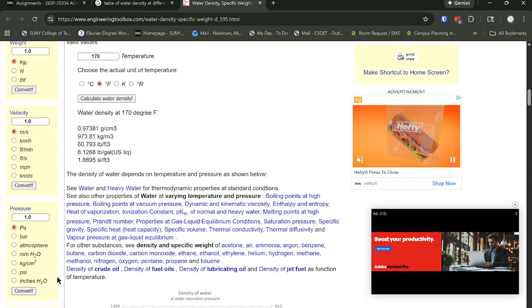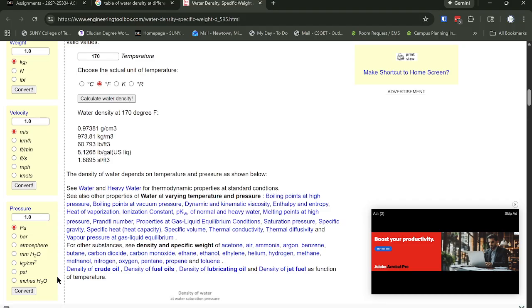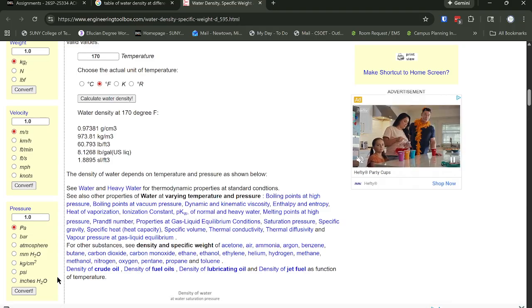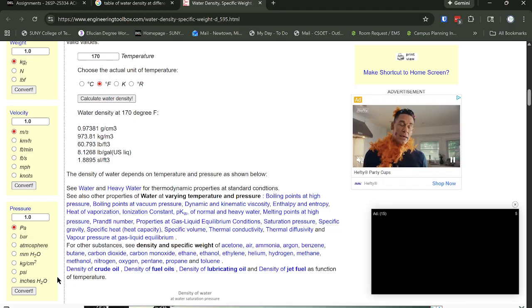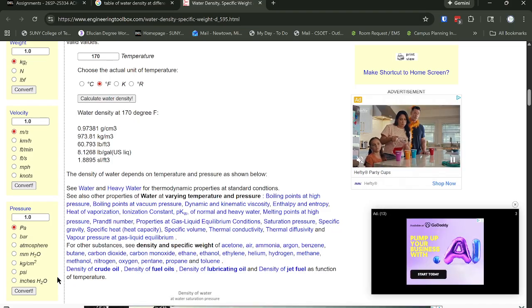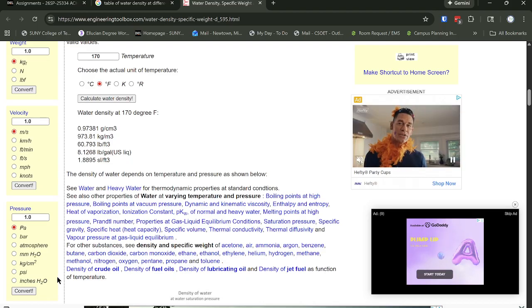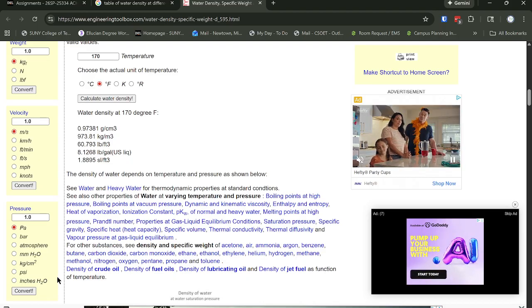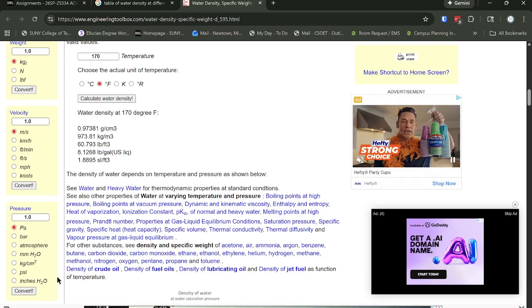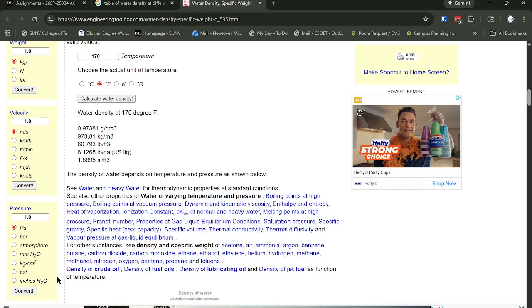Life would be easy. The colder the water gets, the denser it gets. But water is also one of those funny molecules that at 4 degrees C, or 37 degrees Fahrenheit, I think somewhere in there, it's the densest it's going to get. And as it goes towards freezing, it becomes less dense again. That's why ice floats on lakes and rivers and all that sort of stuff.